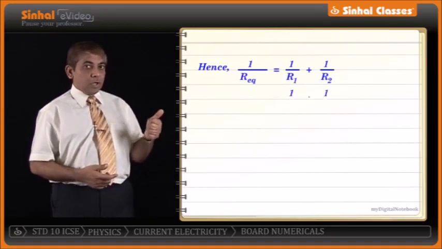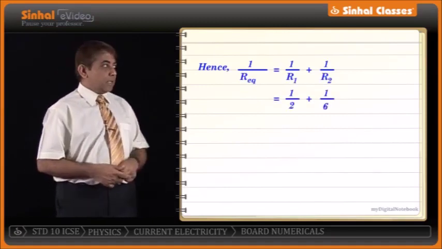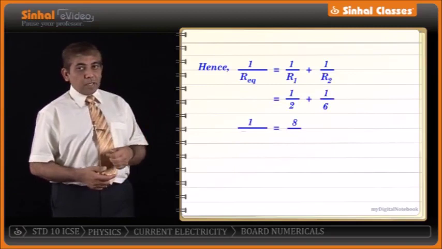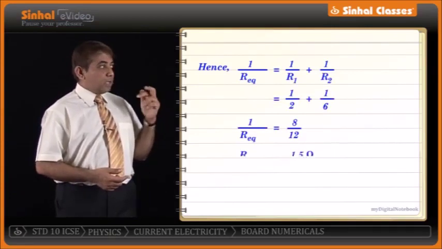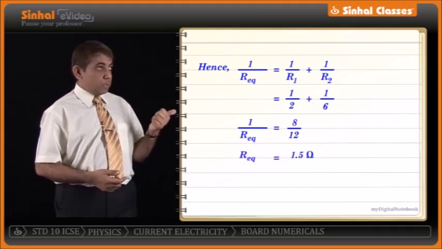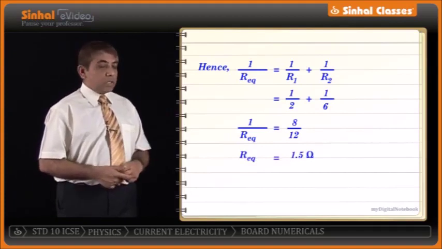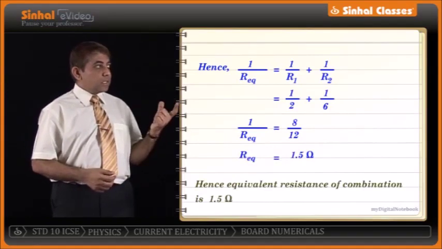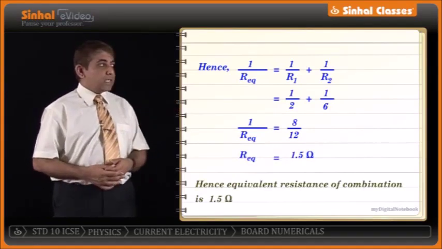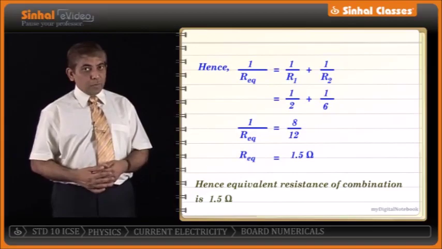That is 1 upon 2 plus 1 upon 6, that is 8 upon 12. But this is 1 upon R. So R is 12 upon 8, the reciprocal of the previous one, which is 1.5 ohms. So I get the equivalent resistance of the combination as 1.5 ohms.